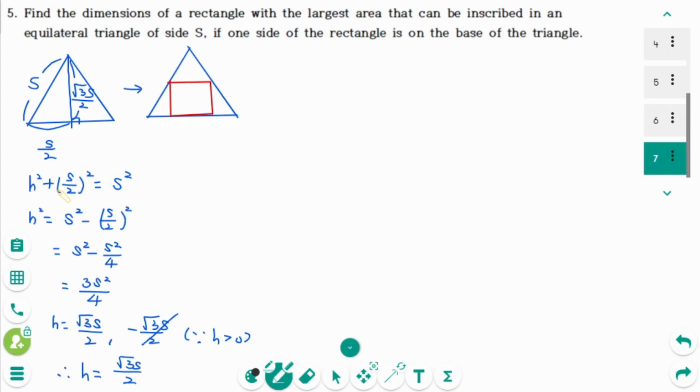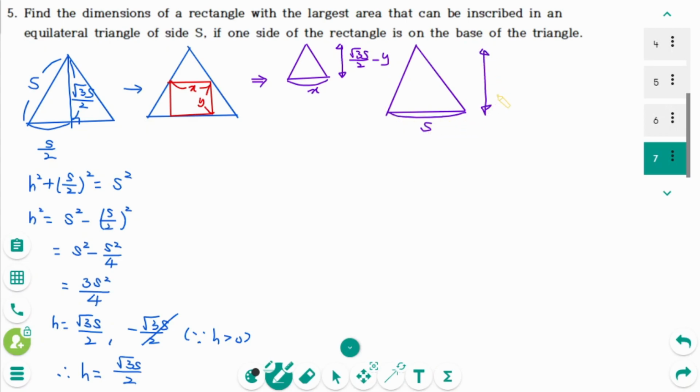Here is a rectangle. If the horizontal length of the rectangle is x and the vertical length of the rectangle is y, we can compare these two triangles. The base of the small one is x. The height of the small one is square root of 3 s over 2 minus y. The base of the original one is s. The height of the original one is square root of 3 s over 2.